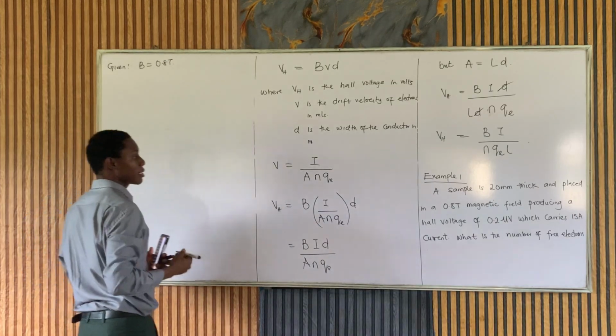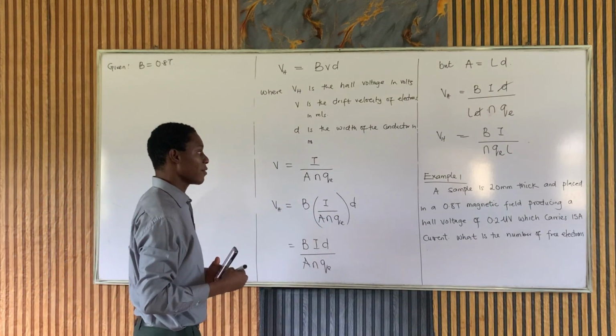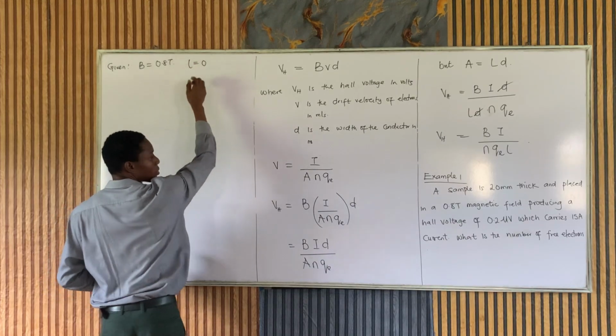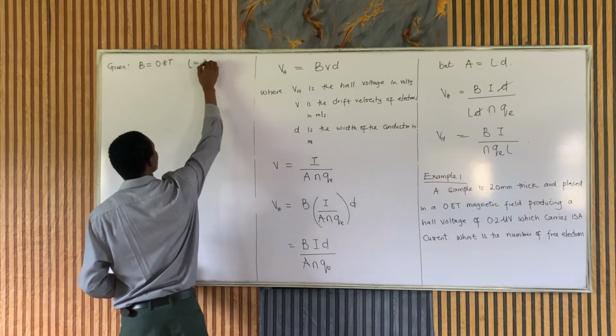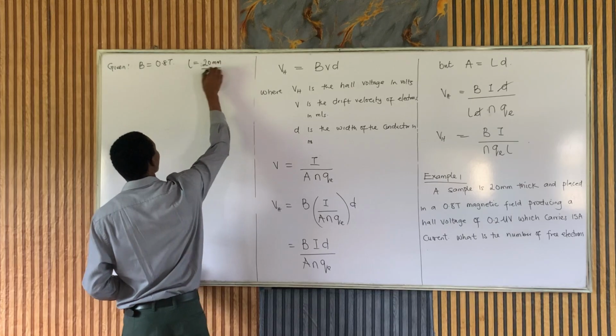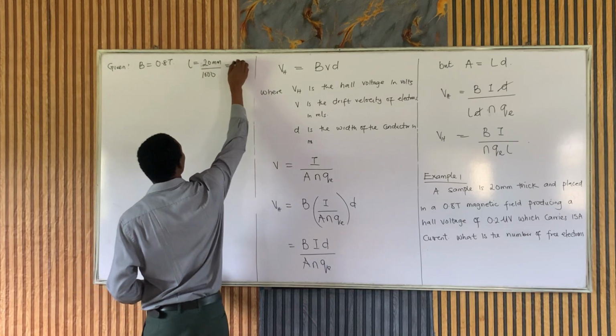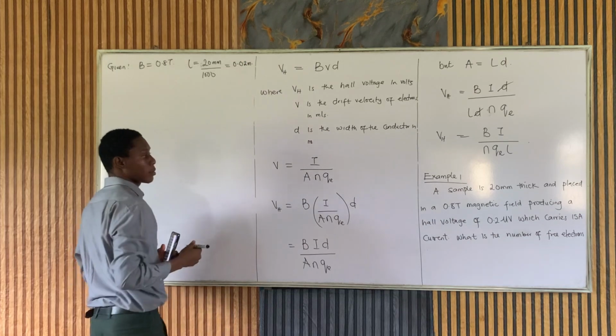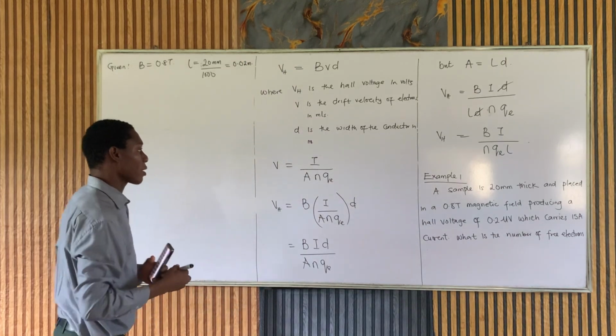This is magnetic flux density. Next, we are given the thickness, which is the length of the conductor, 20 mm. That's divided by 1000, which will give us 0.02 meters. Okay, next, we are given the current.